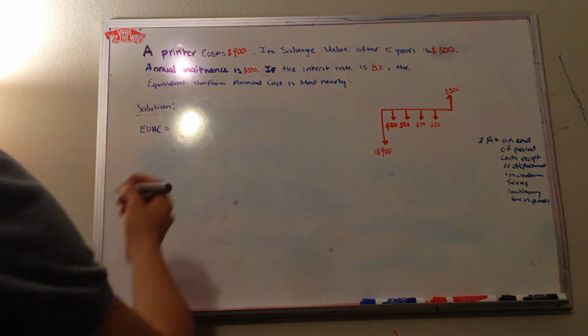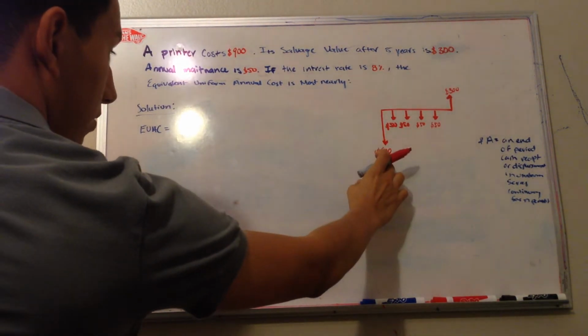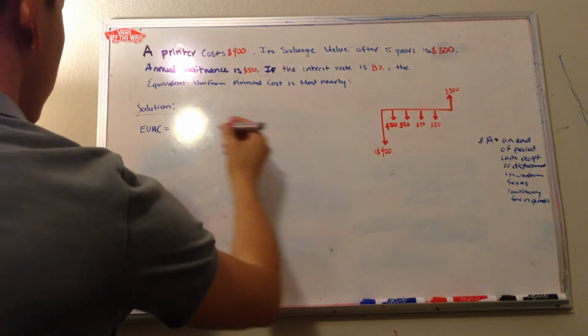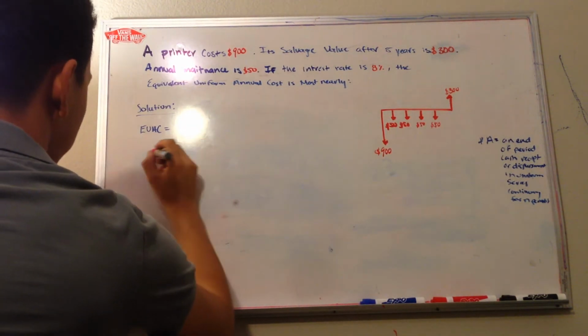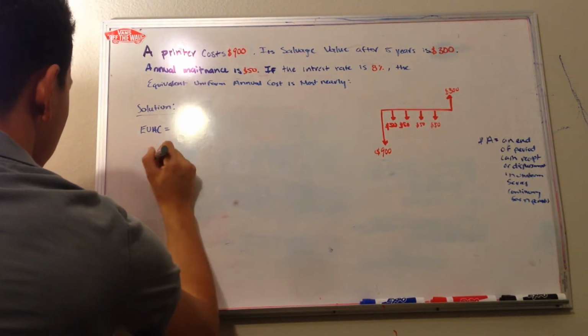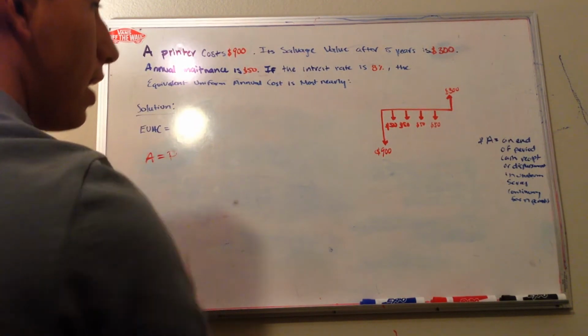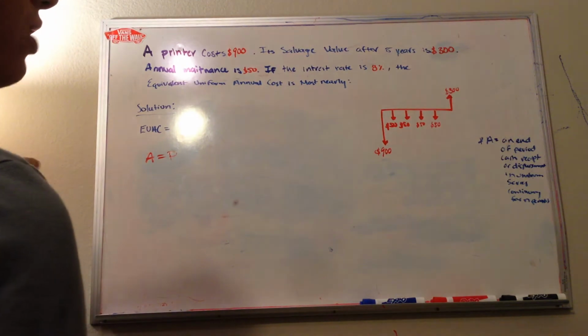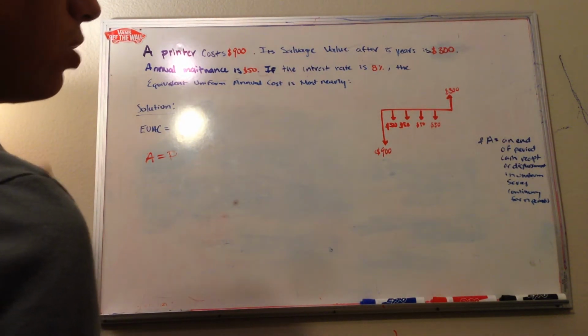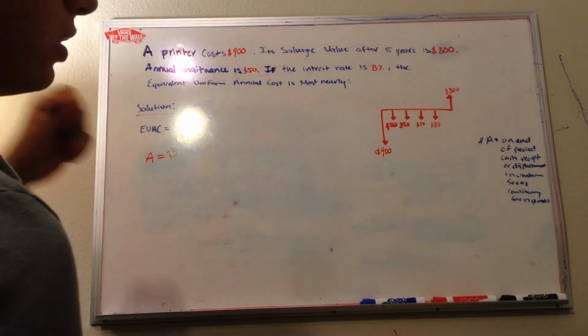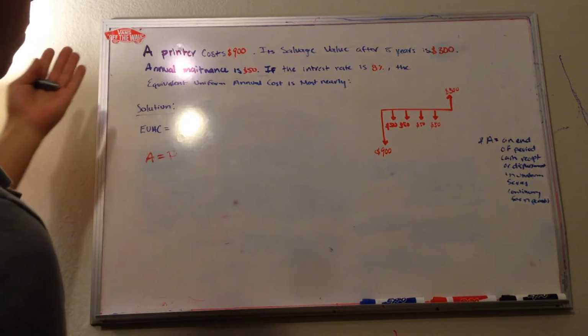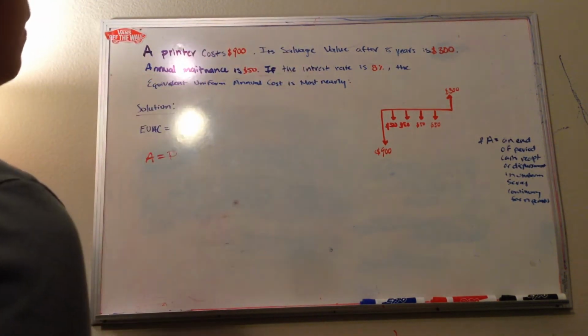So what we have here is, in terms of the present value, we'll do the present value first. The equation for that is, we're given the present value, where A is an end of period cash receipt or disbursement in uniform series continuing for n periods, where the period here is 5 years.